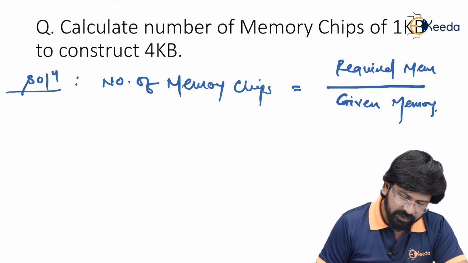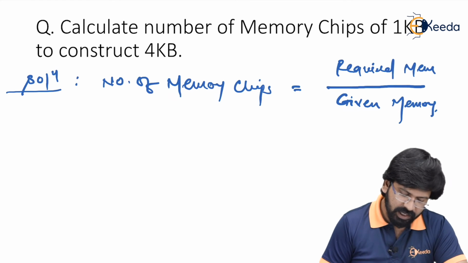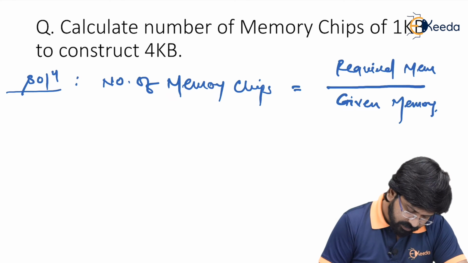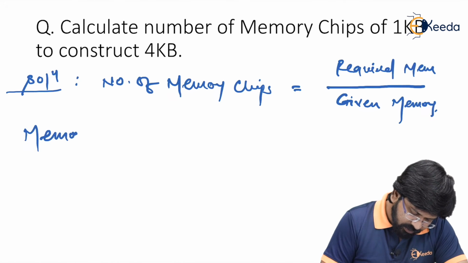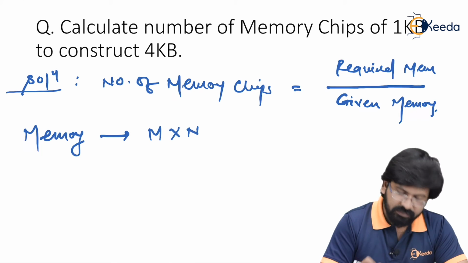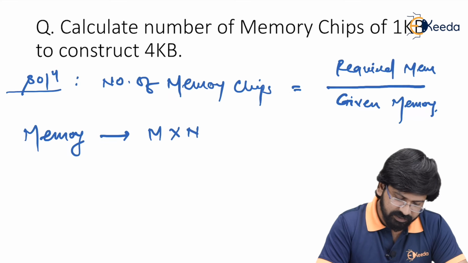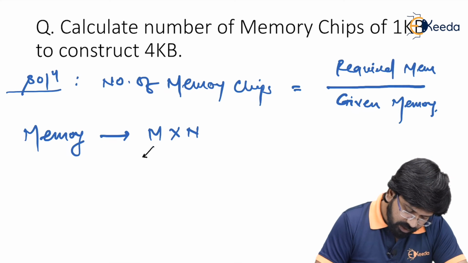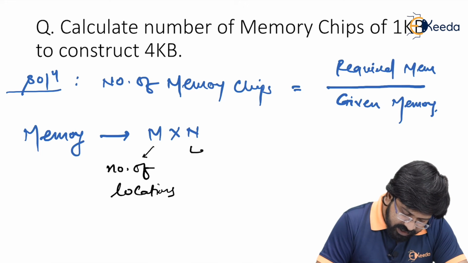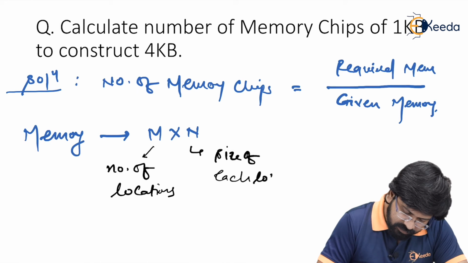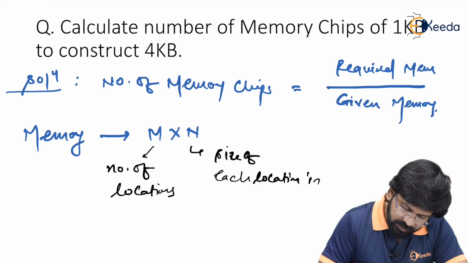One can calculate it very easily, but if I still want to go into detail, remember memory is expressed in the form of M cross N. What is M? What is N? Let us understand. M indicates the number of locations in the memory and N indicates the size of each location in bits.